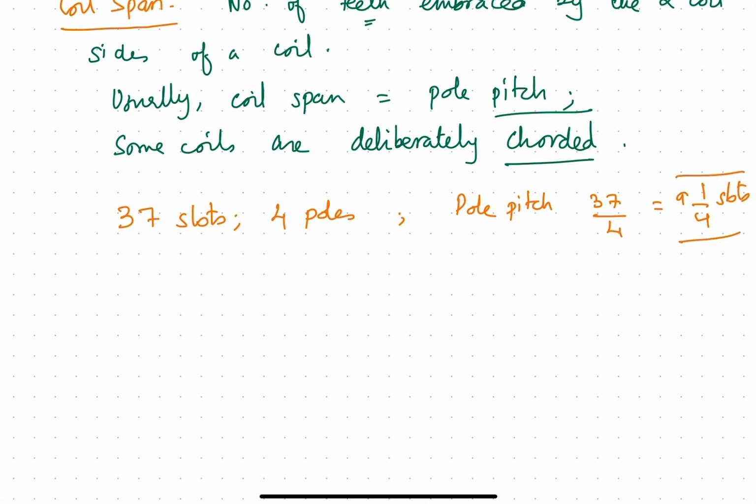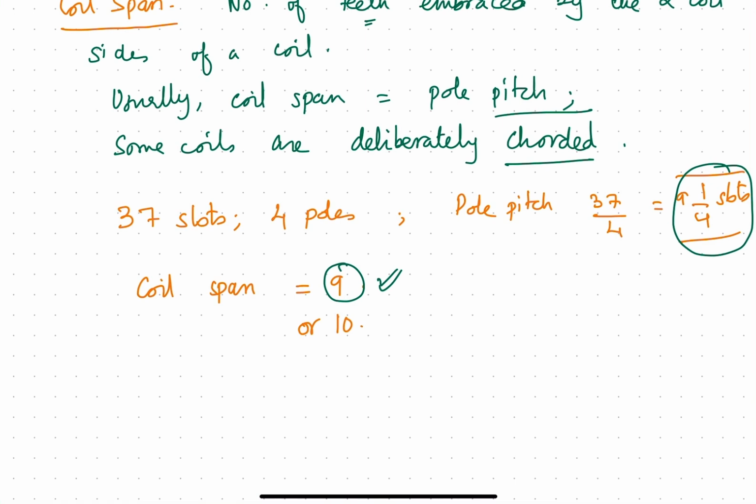In this case, you can have the coil span equal to either 9 or 10. Generally the rule is to take it to the nearest whole number. So in this case, 9 and 1/4 is taken to be equal to 9, and the coil span is taken to be 9.